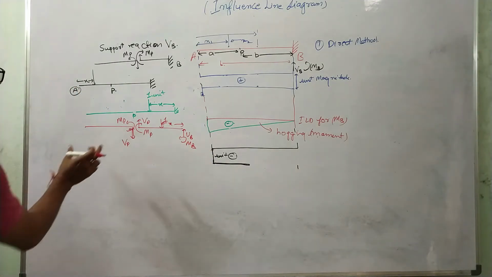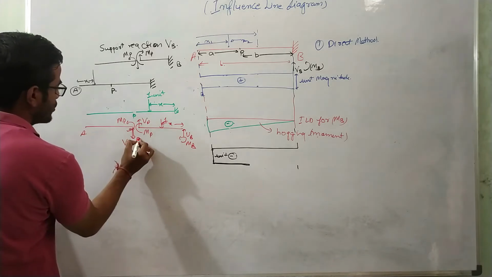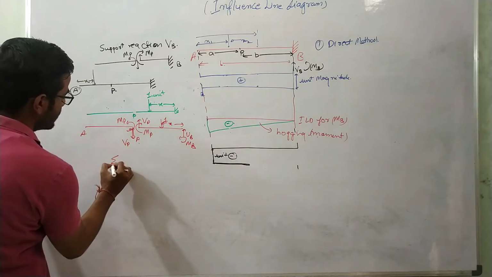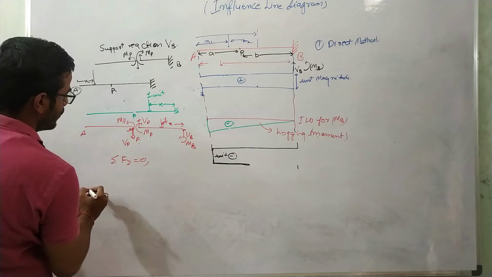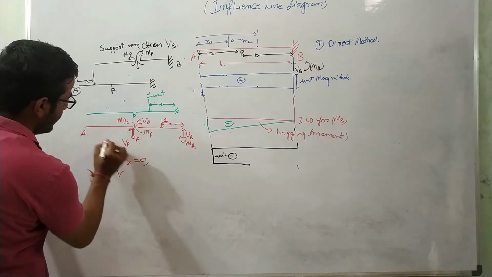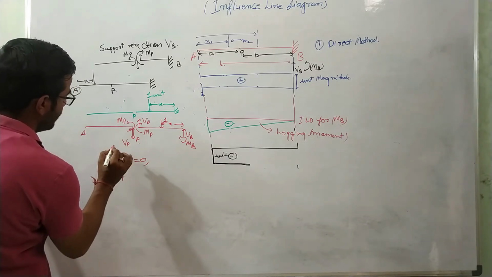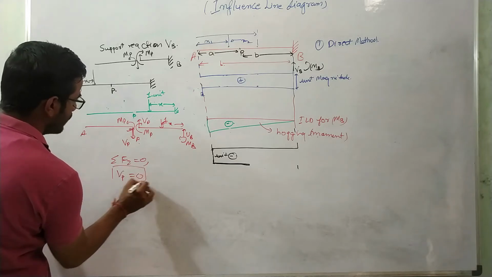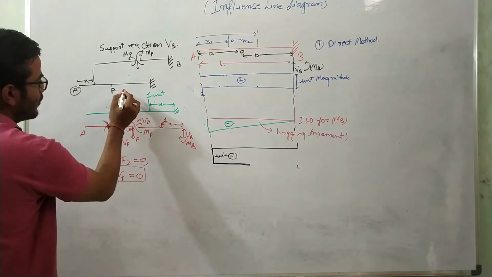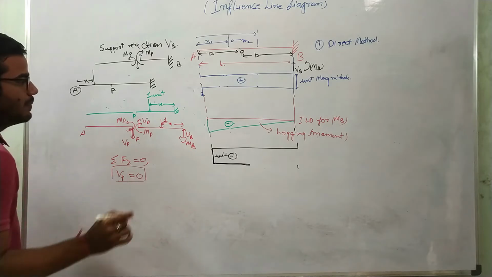Now, if you consider the equilibrium of this AP portion, I can write summation Fz equals 0. But you can see that in this portion the only reaction will be VP, so that will equal 0. So when the unit load is acting right of the point P, the shear generated at P will be 0.